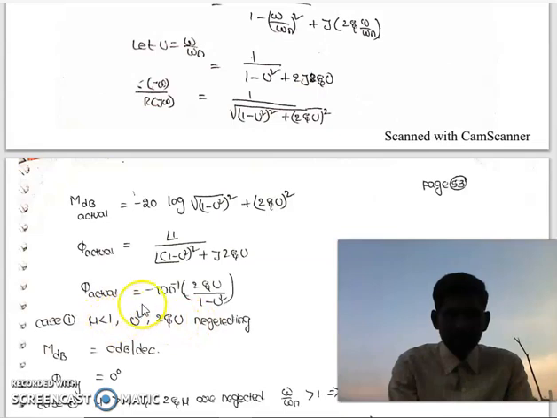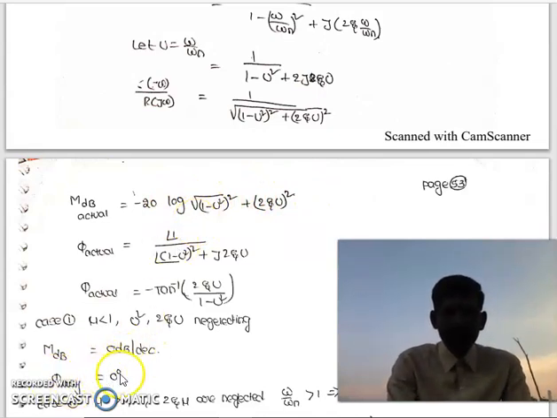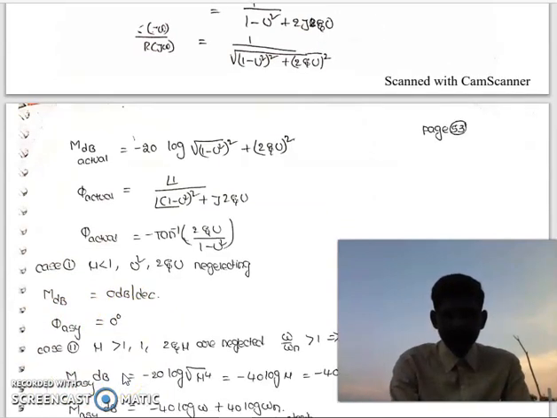When compared to 1, this can be neglected, and 2 zeta u also can be neglected. So in the magnitude in dB, these two terms will be neglected. Minus 20 log of 1 equal to 0 dB per decade. Asymptotic angle equal to 0 degrees.